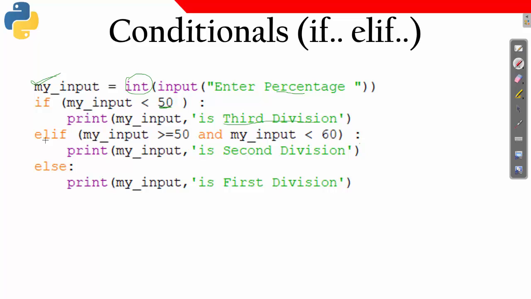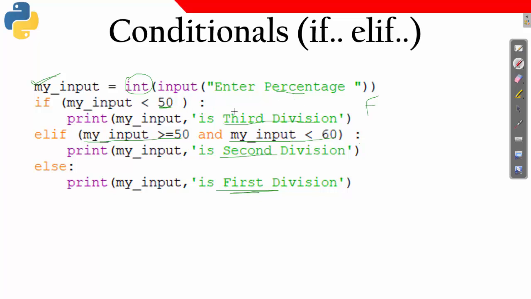Okay. Else if my input is greater than 50 and my input is less than 60, both the conditions need to be satisfied. It's supposed to be within this as well as within this. If both conditions are satisfied, I'll be writing second division, and otherwise I am writing first division. So here the program I have not written for fail.